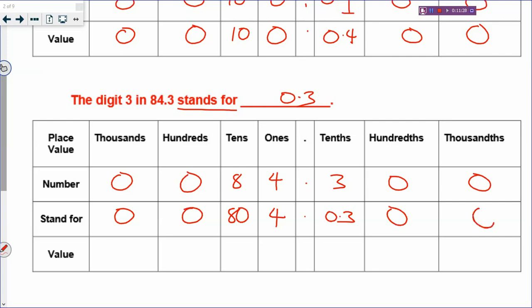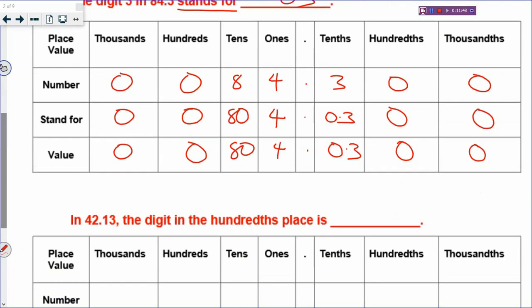There's no digit in the thousands place, so 0 as well. Okay, value will be the same answer. Value and stands for, they have the same answers. So you have 80, this is 4, and then decimal point, and the digit 3 stands for 0.3, and then nothing and nothing. Okay, alright, so let's go on to the last one.